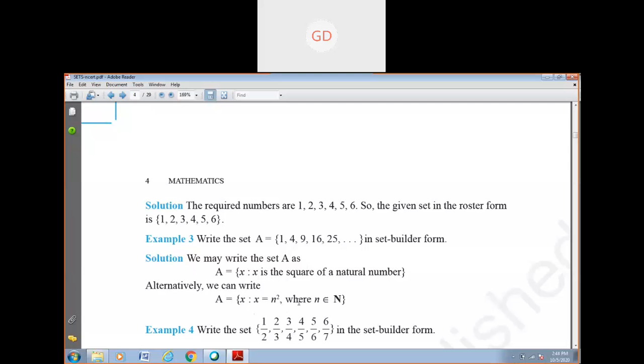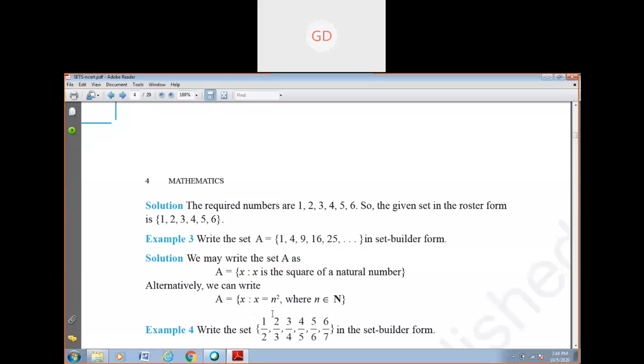We have to associate this part because if we simply write x equal to n square, again the question will come about n. n may be any number, and after all no information about n is given.